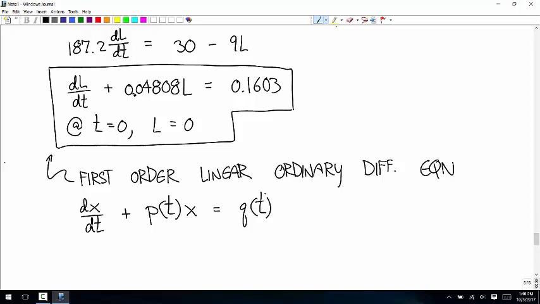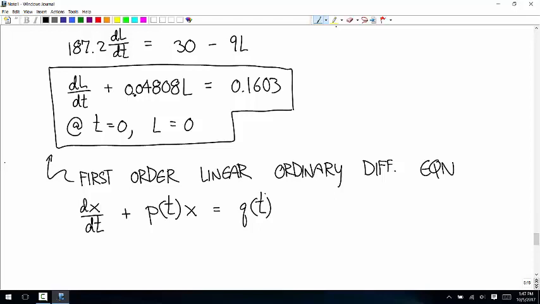One independent variable is what makes it an ordinary differential equation. What makes it linear is that the expressions involving the derivatives of our dependent variable x, the first derivative and the linear term, aren't multiplied by each other, and they're not squared or anything like that.